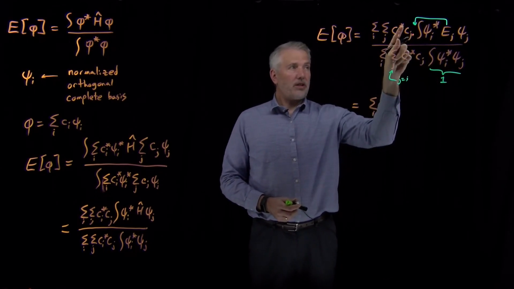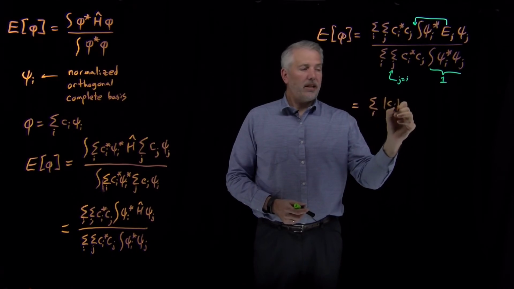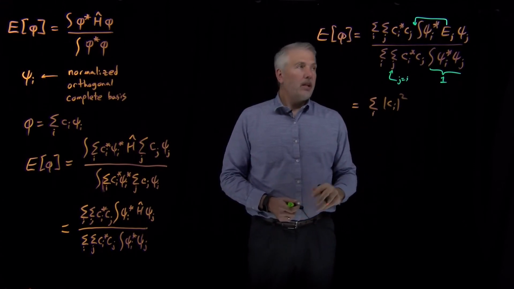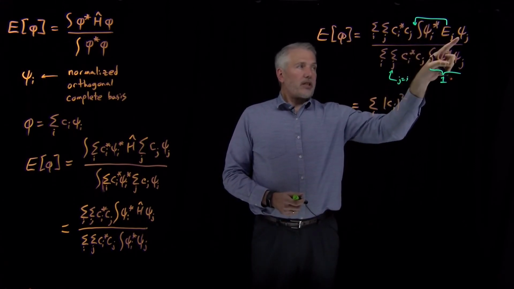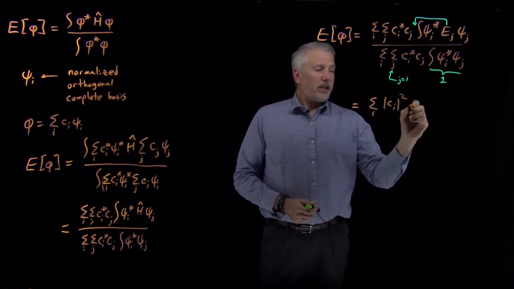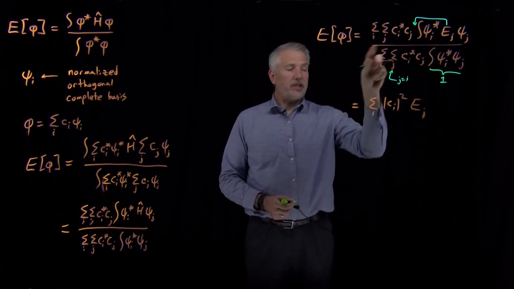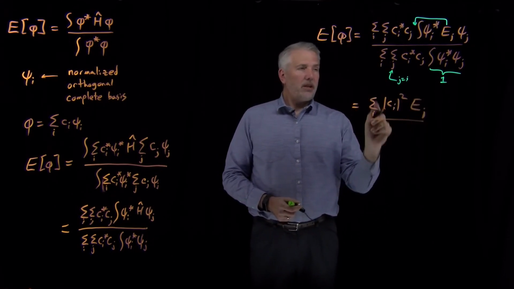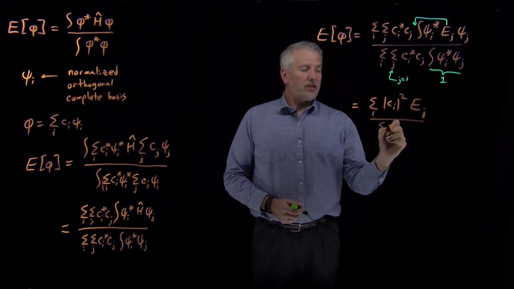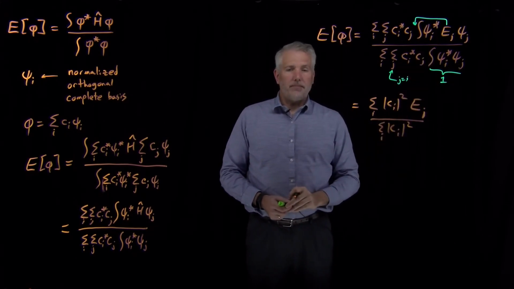Ci star times Cj becomes Ci star times Ci, and I can write that as just the magnitude of Ci squared. The integral of psi I star times psi I is just a 1. And I've got an E sub j, which has now become an E sub I when I get rid of my j sum. In the denominator, I've got a sum over I, Ci star times Cj becomes Ci star times Ci, and this integral becomes 1.